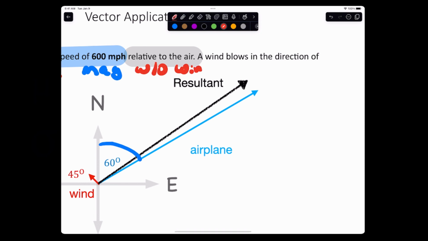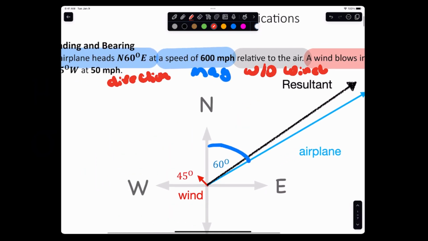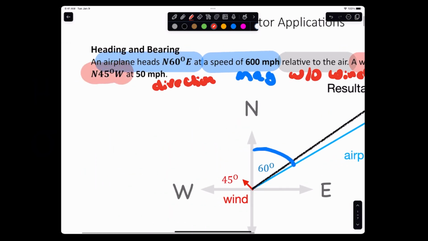What they're going to do now is define for you a wind vector. The wind blows in the direction of north 45 degrees west, and it has a magnitude of 50 miles per hour.